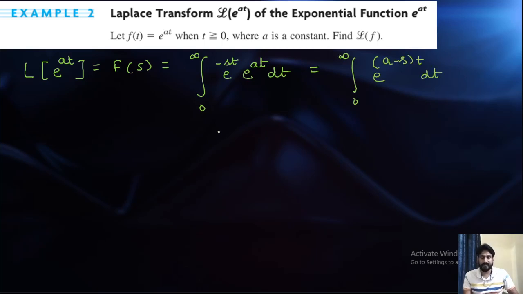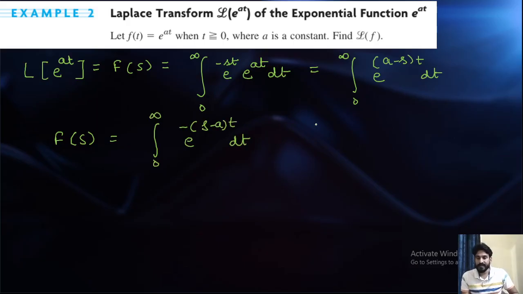Or I can write this as 0 to infinity e raised to power minus s minus a into t into dt. It is clear to you or not?